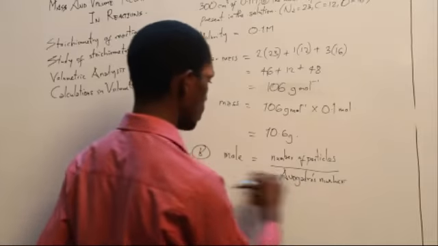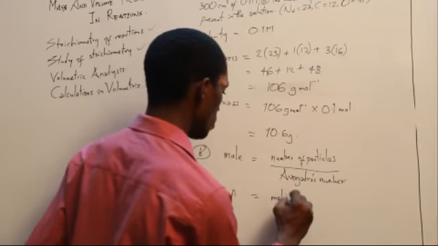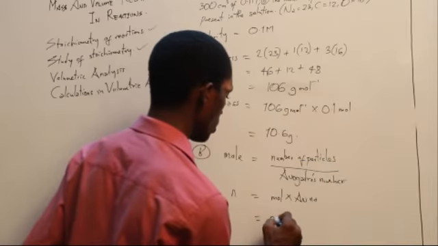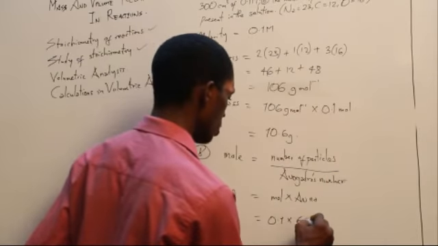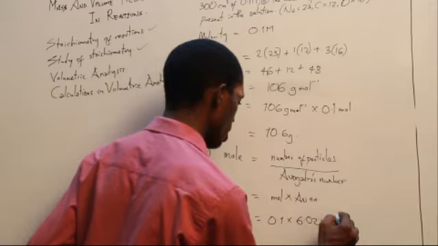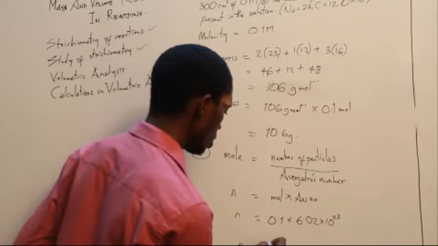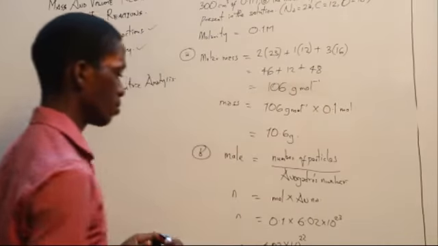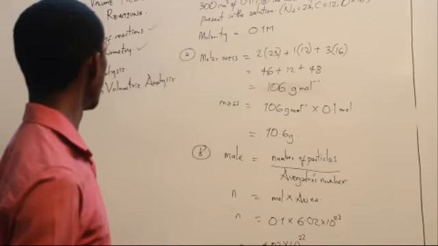So the number of particles, let me use N to represent that, will be equal to mole multiplied by Avogadro's number, which will give us 0.1 multiplied by 6.02 times 10 raised to the power 23. So our number of particles will be 6.02 times 10 raised to the power 22. So that is the number of particles present in the substance.